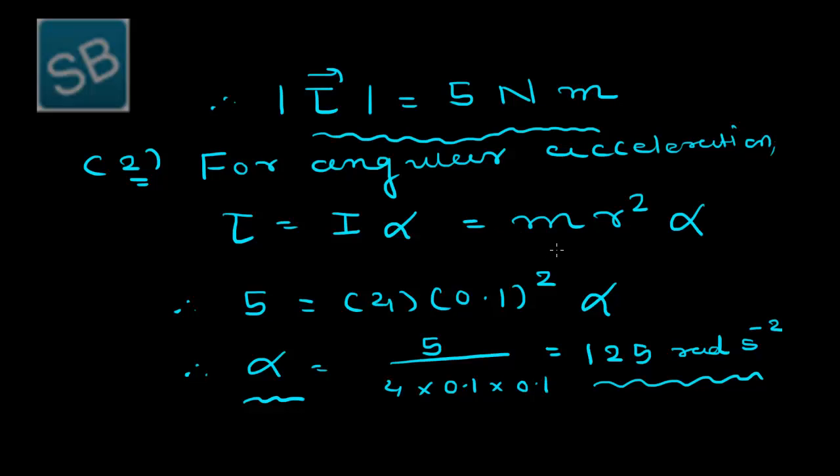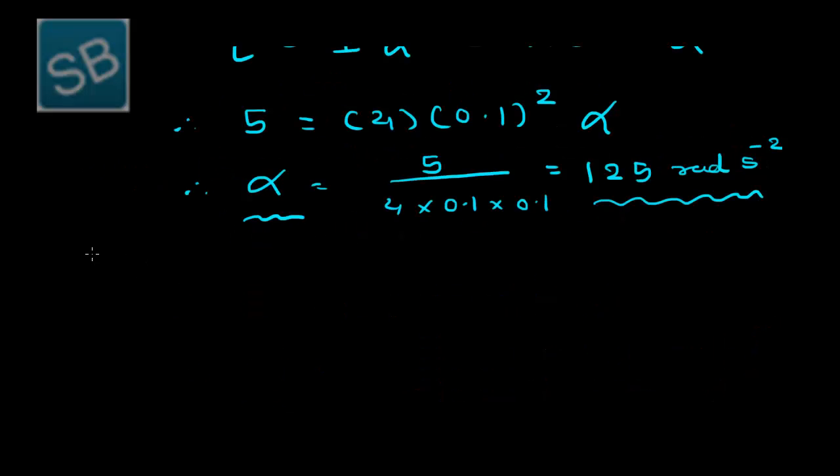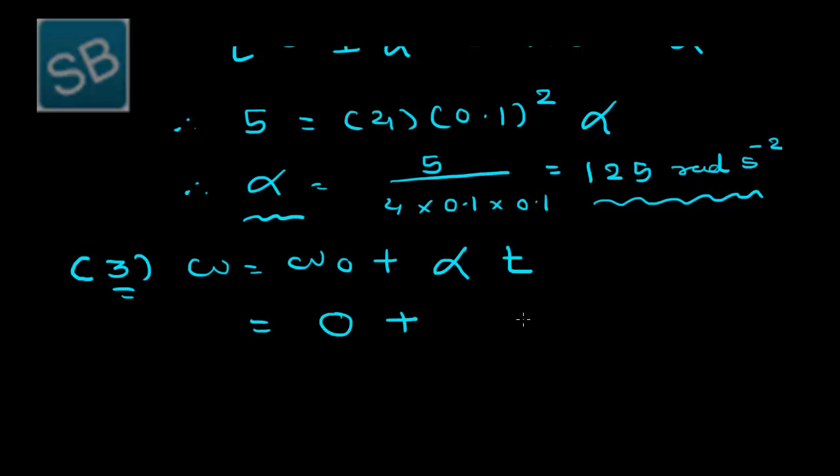And now the next task is angular velocity. As per the equations for rotational motion, we have seen the first equation like this: omega is equal to omega 0 plus alpha t. But the initial velocity of the hollow cylinder is 0, plus the value of alpha is 125. And the time given to us means angular velocity at the end of 4 seconds.